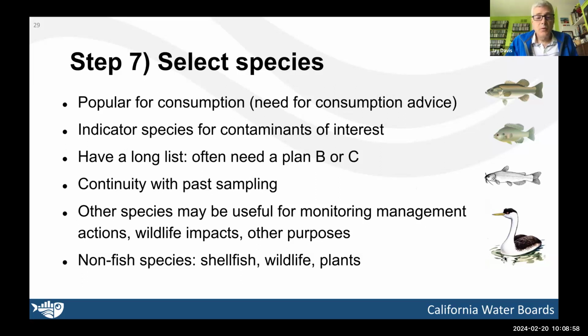So wildlife impacts are also possible and potential topics of study. And then again, we're focusing on fish, and we've done the most work on fish, but other non-fish species may also be of interest, like shellfish, plants, or wildlife.